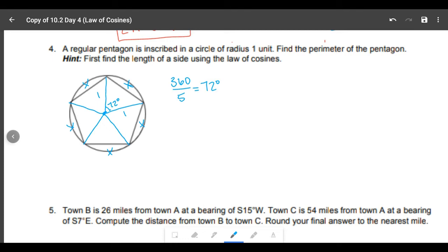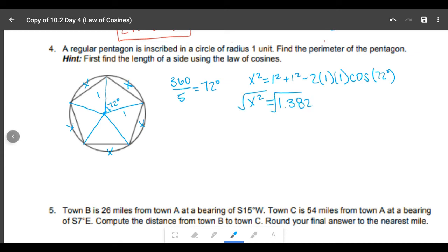Now we can use that to go through and solve for x. So we should have that x squared is equal to 1 squared plus 1 squared minus 2 times the cosine of that 72 degrees. And so again, that right-hand side, if I plug it all into my calculator, we end up getting x squared is approximately 1.382.